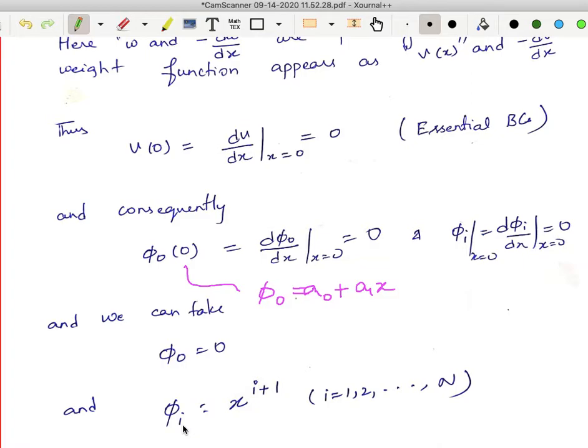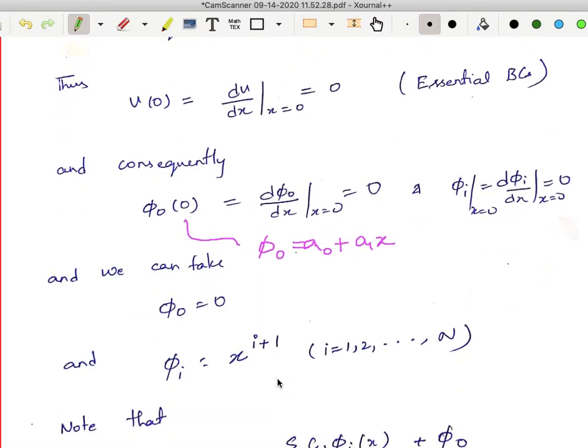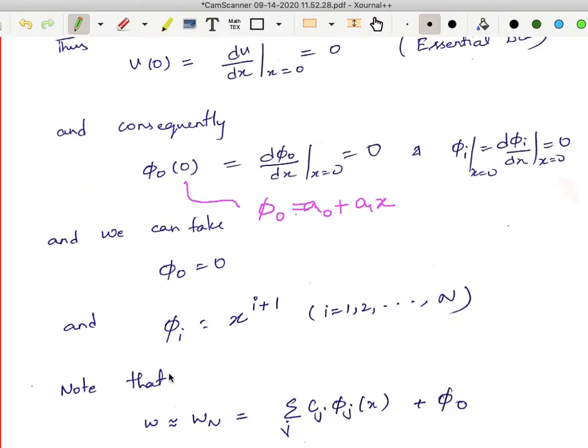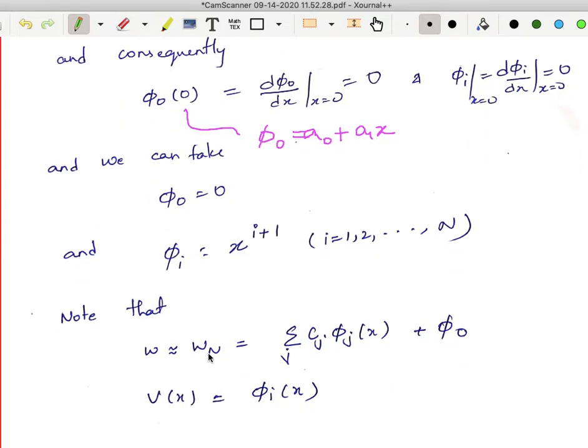So if I is 1, phi 1 will be x square, phi 2 will be x cubed, and so on. In this particular problem, this will be the choice for phi naught and phi I, and the nth order approximate solution will simply be c1 into x square plus c2 into x cubed, and so on until cn into x to the power of n plus 1.